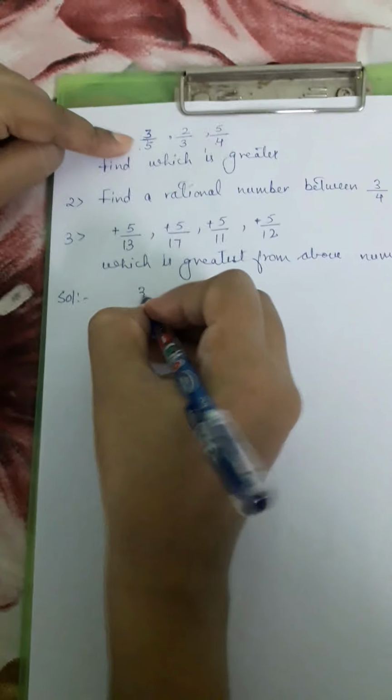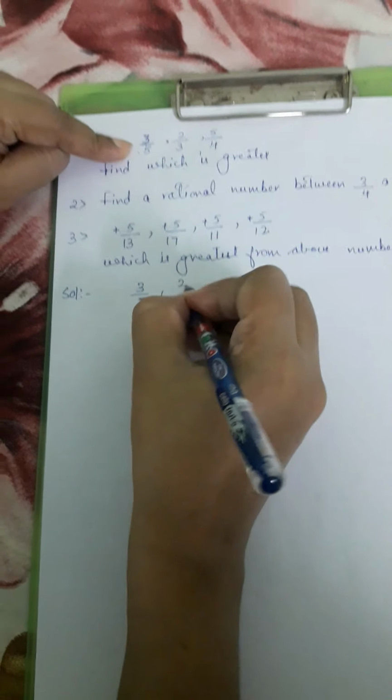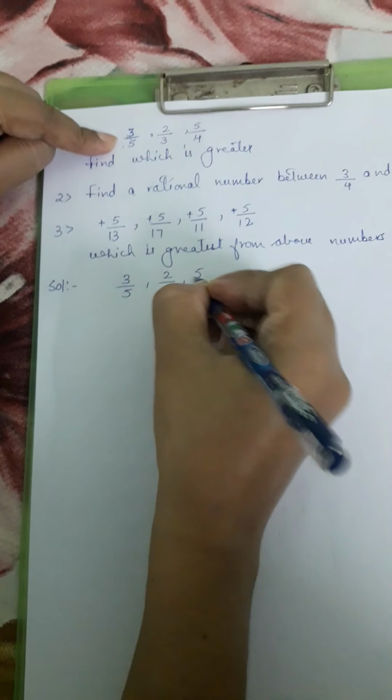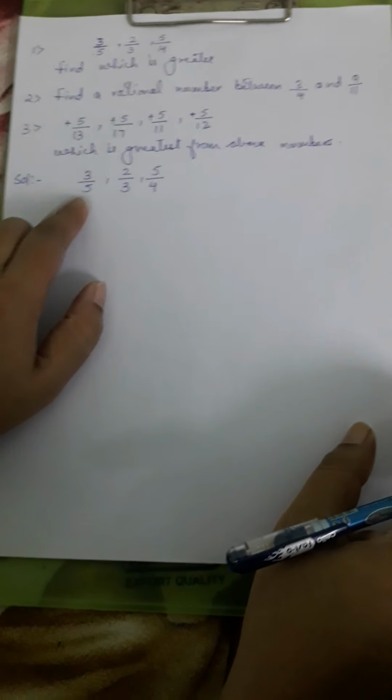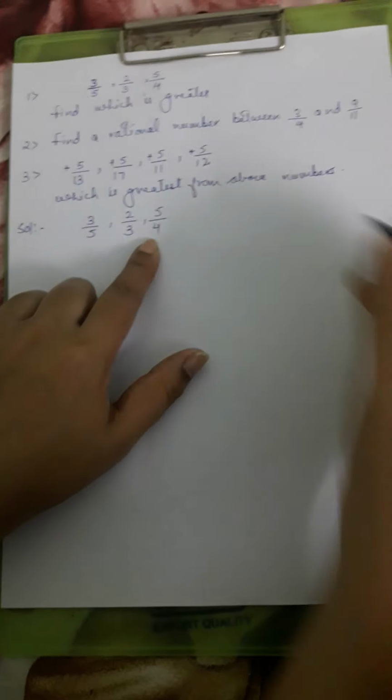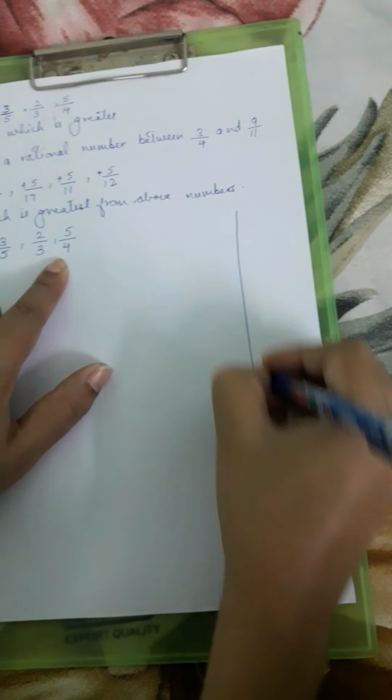First write all the fractions: 3 by 5, 2 by 3, 5 by 4. The denominators are 5, 3, 4. First thing, you have to make the denominator the same.